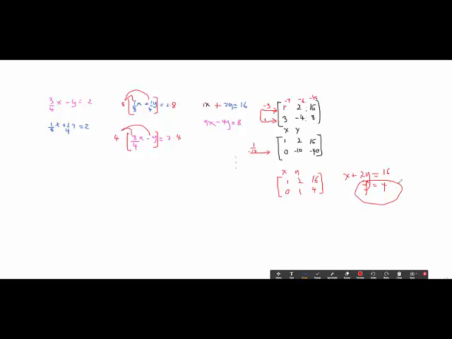Now, to find the optimal value of x, I'm going to take this 4, which is the value of y, and stuff it into this y. And now I'll be able to solve for x. So I have x plus 2y, right? X plus 2y.